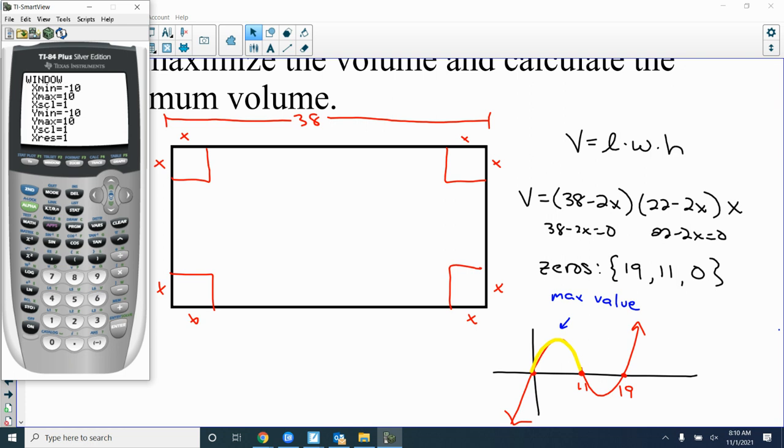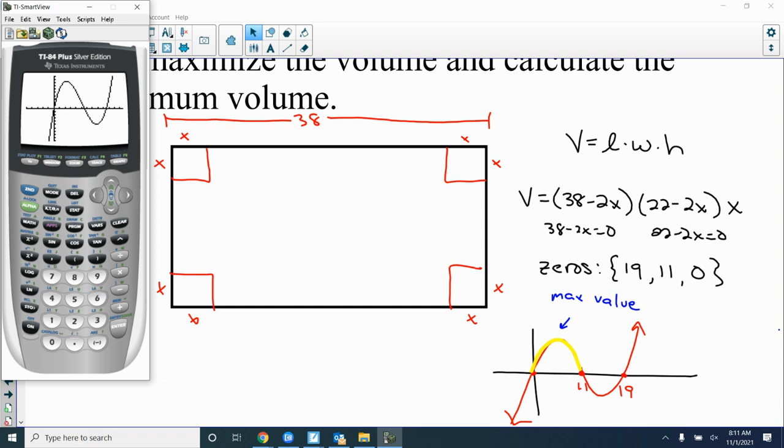And since it goes to 19, I'm really only concerned about 11, but I just want the whole shape. I'm going to go to 25 and make that go by 2. Now it said 1680, so I'm going to go negative 2000 to 2000. Okay, I'm going to put my scale at 200. And then I'm going to take a look at that.